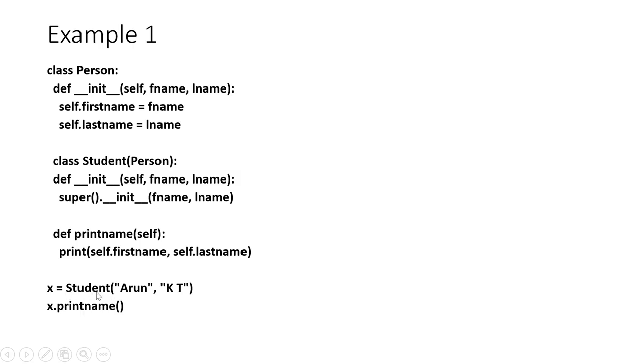Whenever I create an object, it automatically invokes the constructor defined inside the student class. Inside the student class constructor, I have invoked the parent class constructor, and automatically the values are passed to the parent class. Now I call the print function defined inside the student class. This is how the super keyword is used.